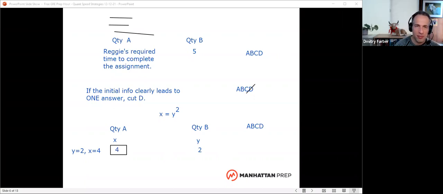So which answers could I immediately eliminate if A was bigger this time? Well, I know that if A was bigger this time, B isn't always bigger, because it wasn't bigger now.